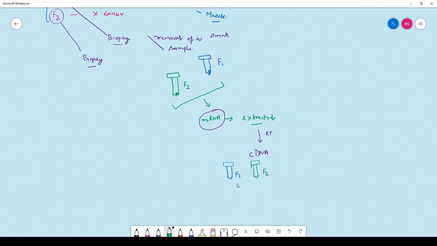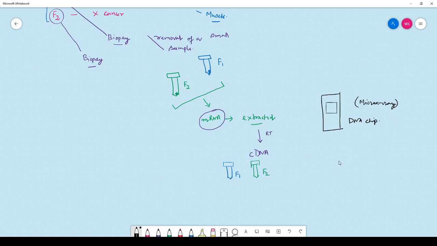Then we take a DNA chip, which is also called a microarray.